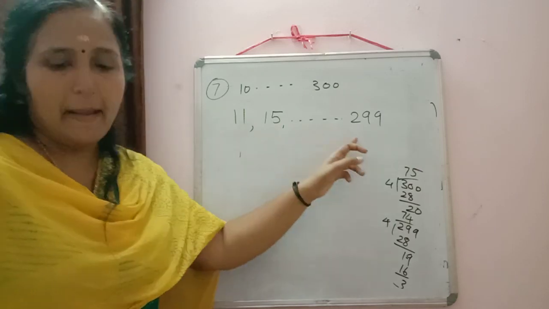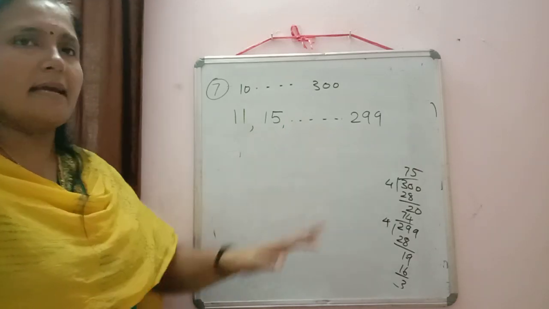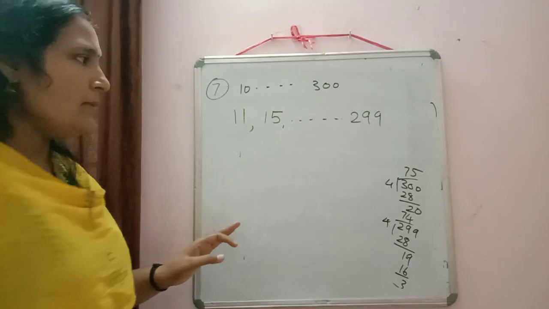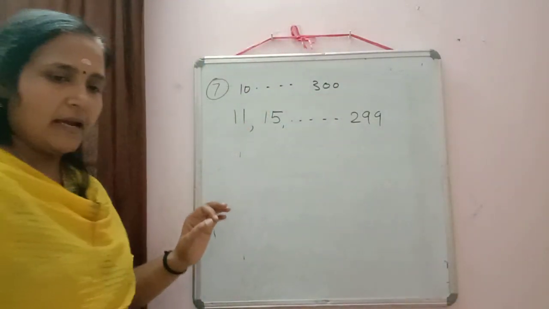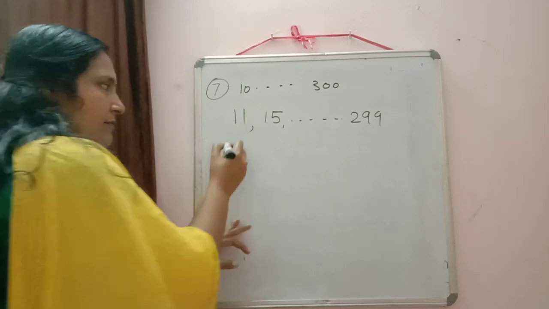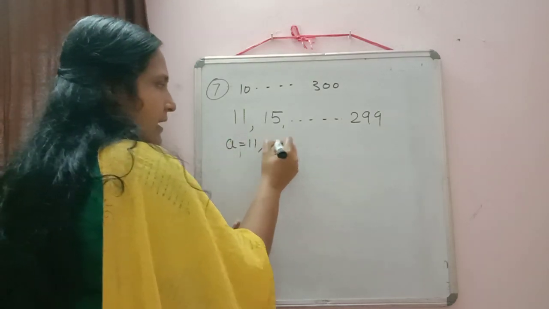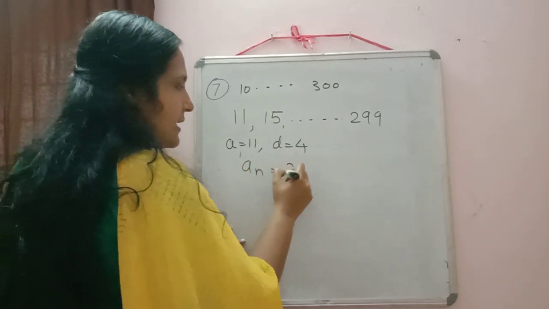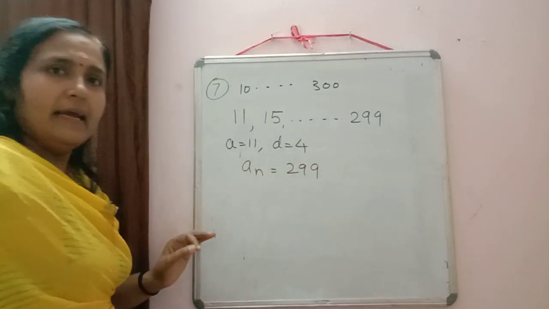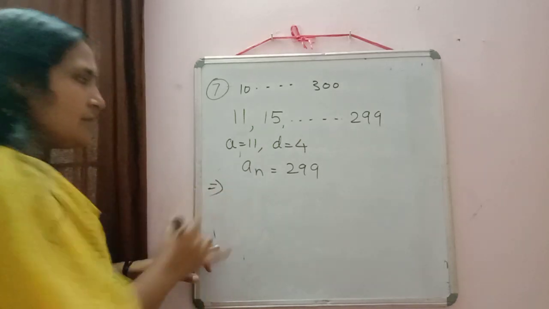So this is our AP. Now how many numbers are there that we have to find out? How many numbers are there means what we have to find out? Yes, we have to find out the value of n. We have a is equal to 11, d is equal to 4 and nth term an is equal to 299. Now I am directly substituting the value.